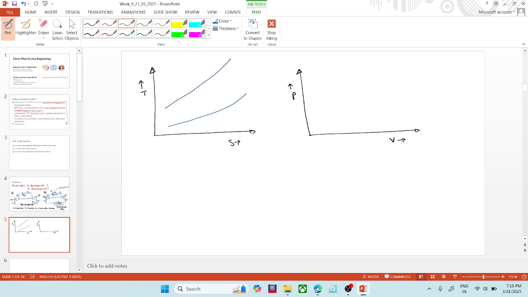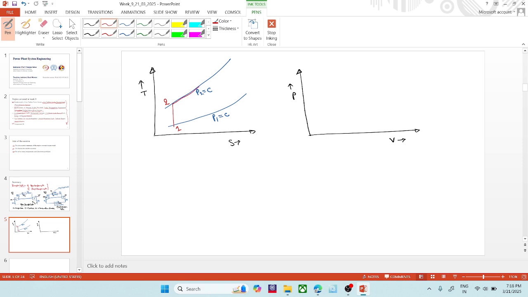This line denotes the constant pressure P1 equals C, and this line denotes the constant pressure P2 equals C. Okay, so if this is point 1, which is the entry to the compressor, process 1 to 2 would be the isentropic compression in the compressor.